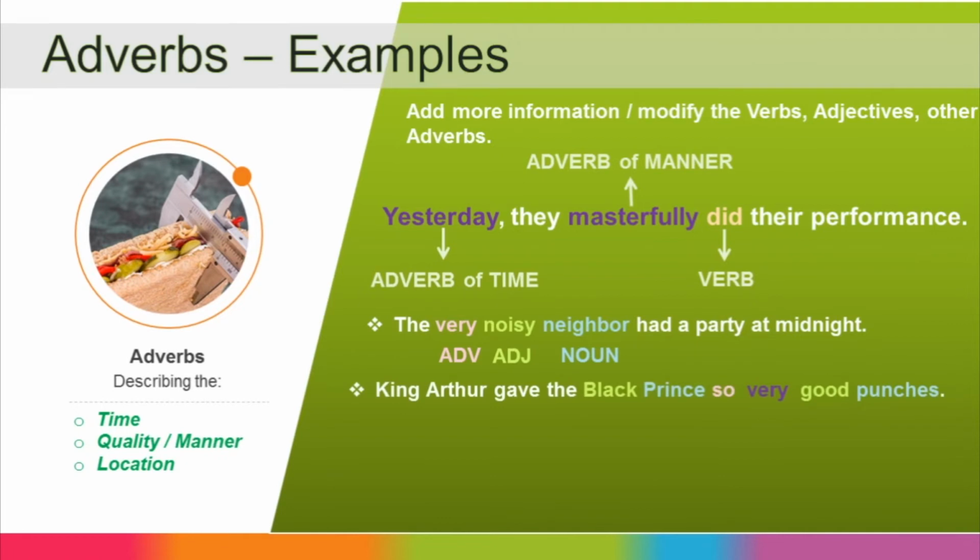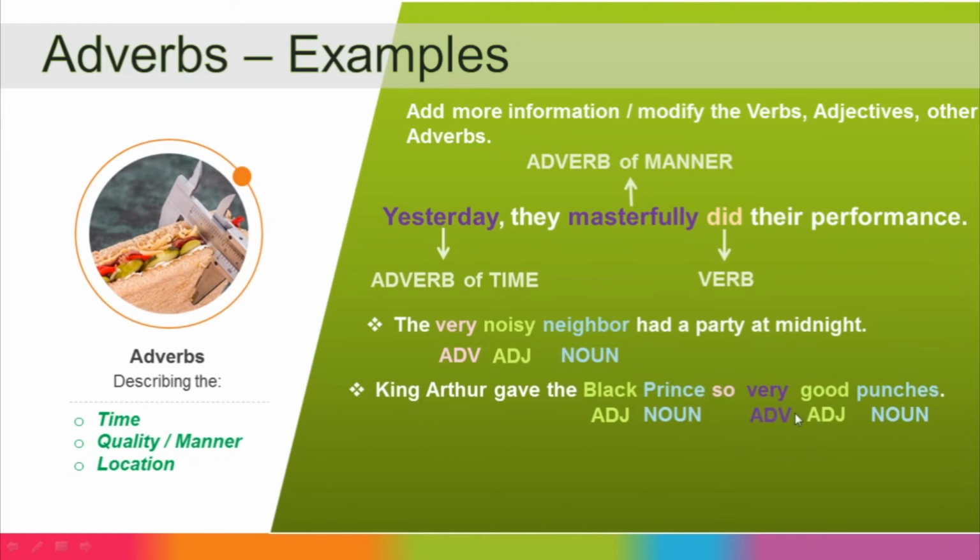The second example here is King Arthur gave the Black Prince so very good punches. Now, the word punches is a noun, and the word good explains what kind of punches it was given, and the word prince is a noun, and the adjective black is modifying this noun. We are now going to look at these two adverbs over here.